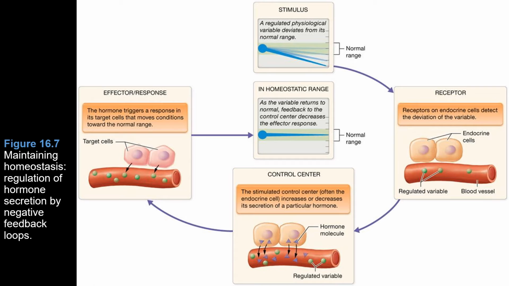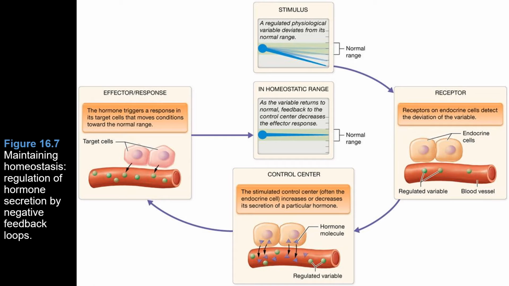And so in the endocrine system, you're going to see that the endocrine cell that detects a change in the variable from this normal range is generally also the control center. When the control center, in this case the endocrine cell, is stimulated, it changes its secretion of the appropriate hormone. And then you're going to have the effector or the response.